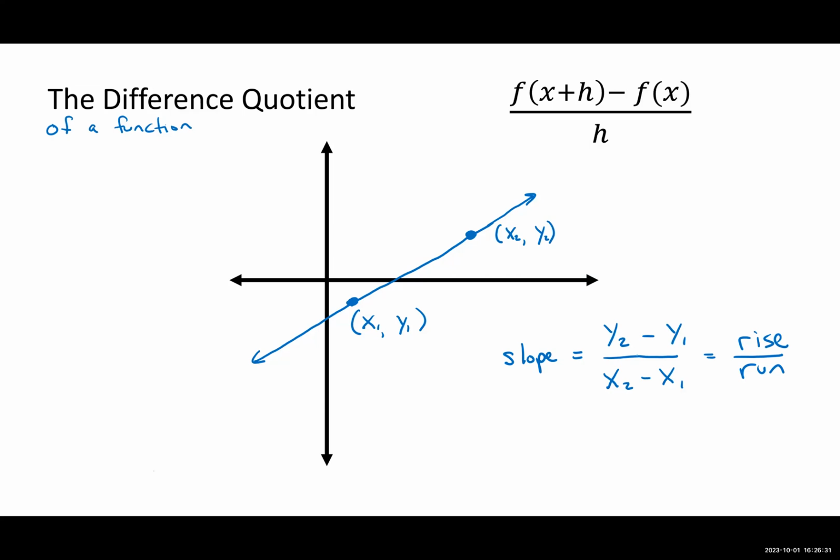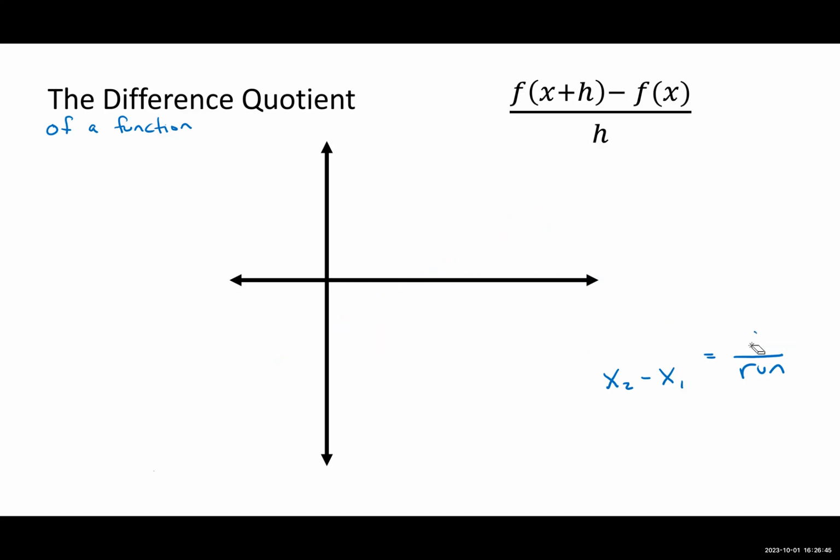So obviously, from what we've seen, not every function is a straight line. Generally, when we talk about slope, we talk about the slope of a straight line. Maybe next semester in calculus, you'll talk about the slope of a curve or the instantaneous slope at a point, but that's a different topic altogether.